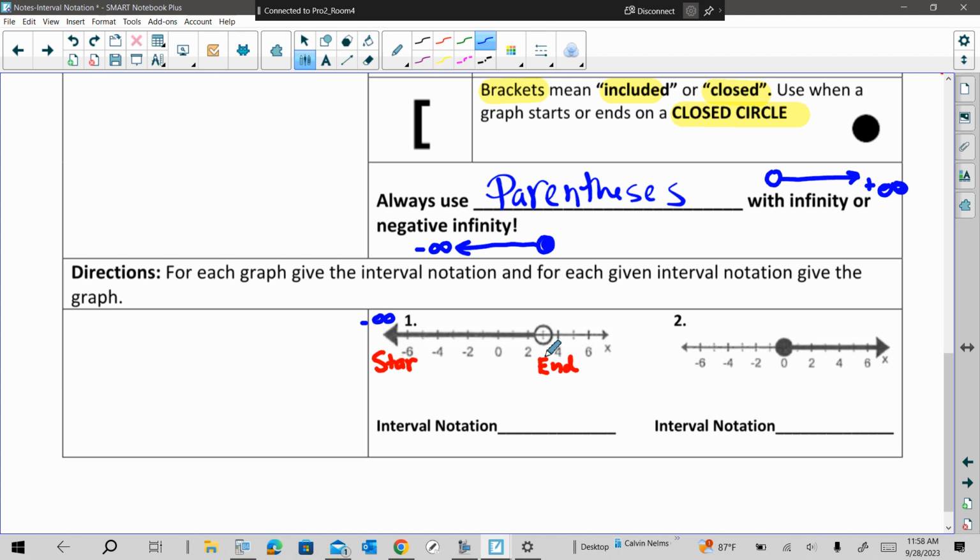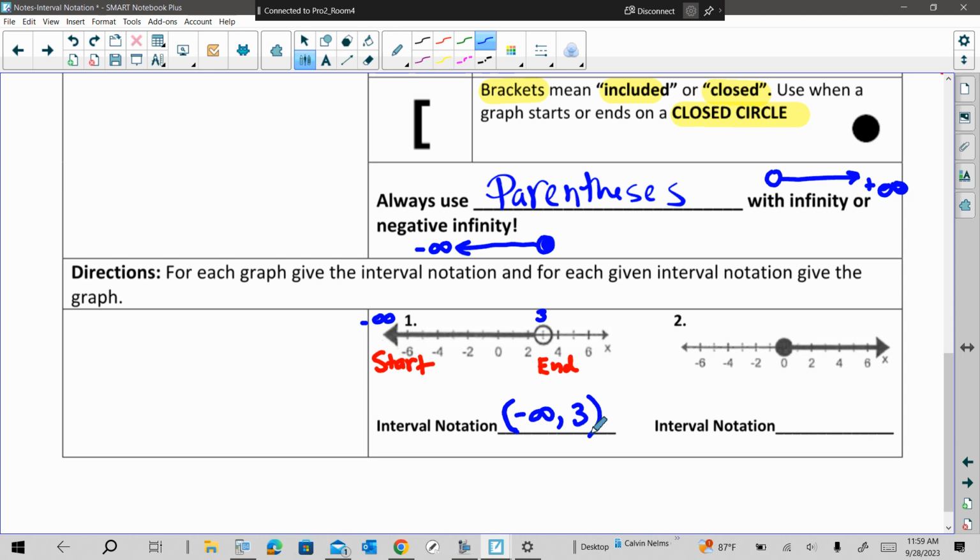It's an open circle at 3. So when I write this, we're starting at negative infinity. Any infinity has a parentheses. So negative infinity, comma, where we end is at 3. And because it's an open circle, we use parentheses here.